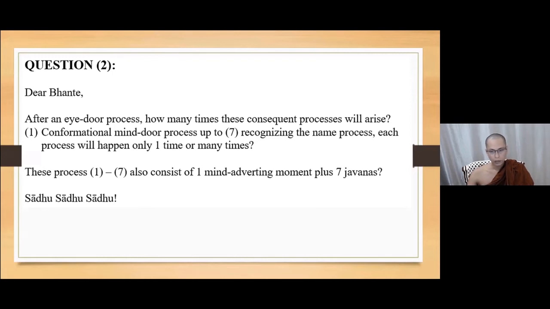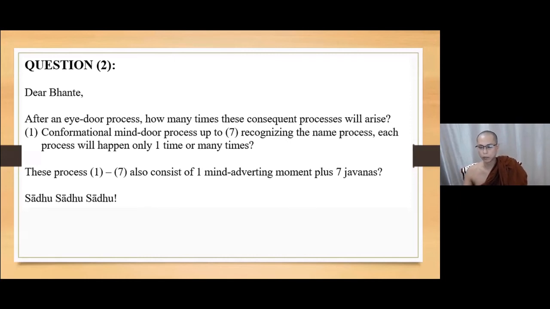It is not mentioned in the books of Ledi Sayadaw how many times the conformational mind door process occurs, one time or two times. But usually the process will continue. Sometimes it can stop, and only the conformational process arises and then stops.